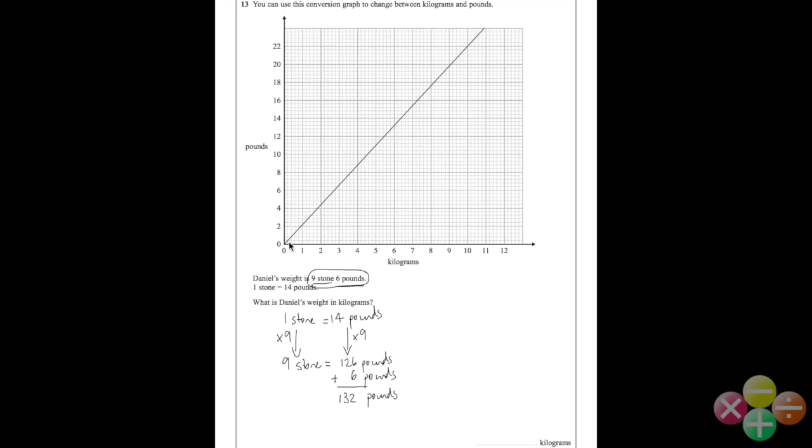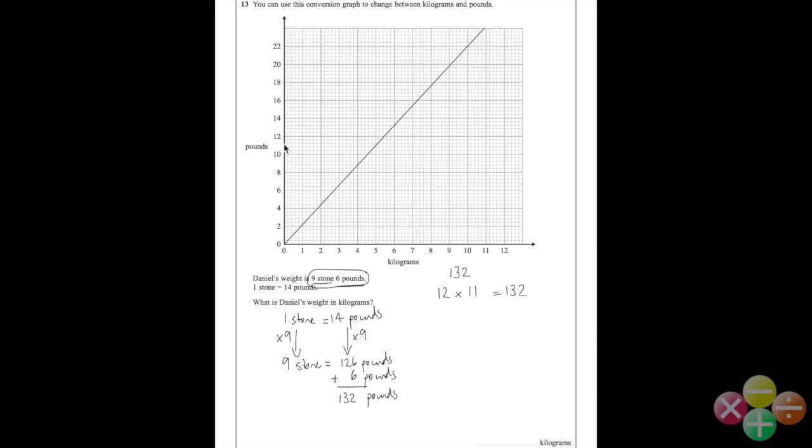Now if you look at the graph, you'll notice it only goes up to 22. So what we need to do is think of our 132 and find a factor of 132, so a number that goes into it that appears on the graph. Now I know that my times tables tell me that there are 12 11s in 132.